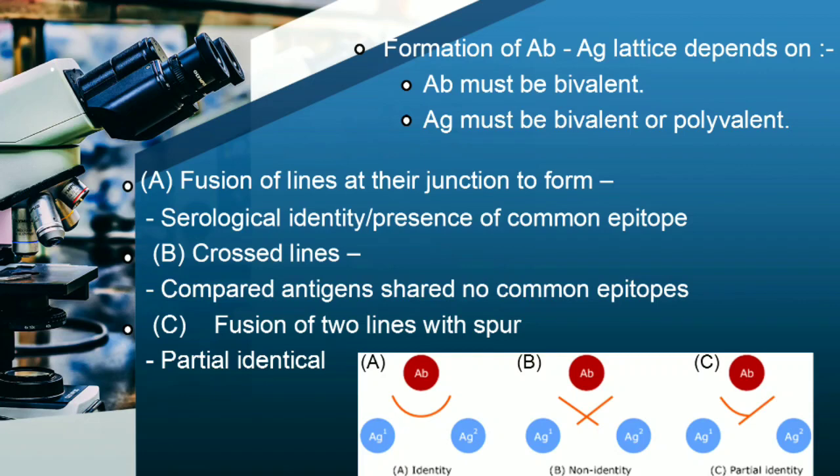The pattern shown in figure A is serologically identical, with a common epitope. The pattern shown in figure B is crossed lines, which is non-identical. In the last pattern C, fusion of two lines with a spur is partial identity.